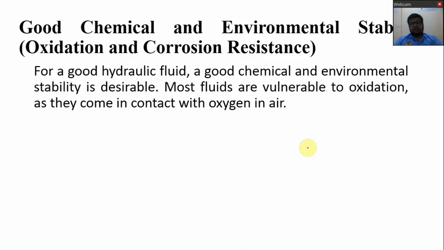So rust and corrosion can be prevented by adding additives that plate on the metal surface to prevent the chemical reactions. We have already gone through the different types of additives in the last video, so that type of additives can be added in the fluid to prevent this.